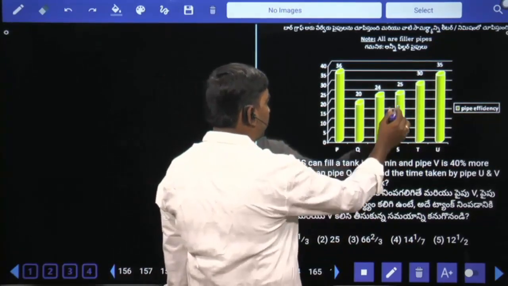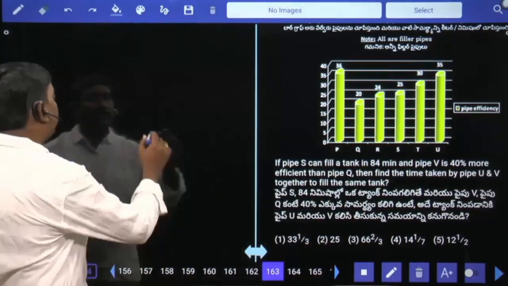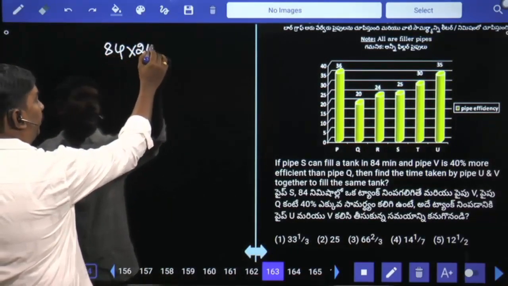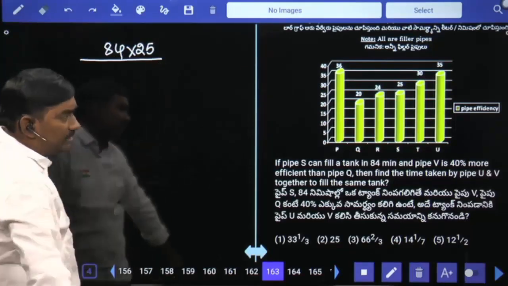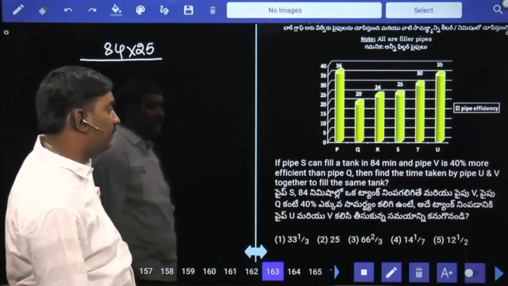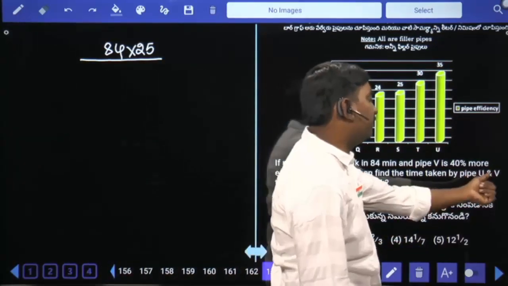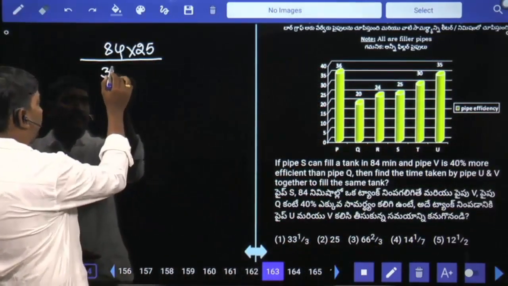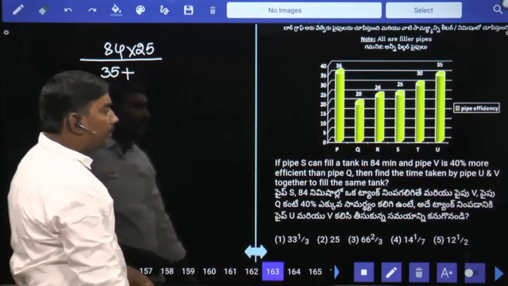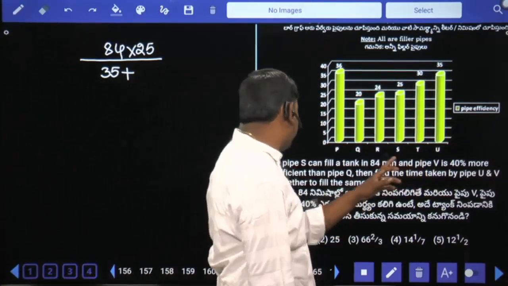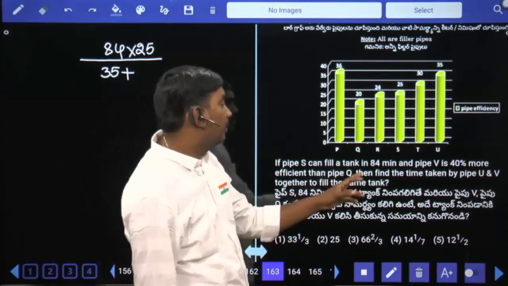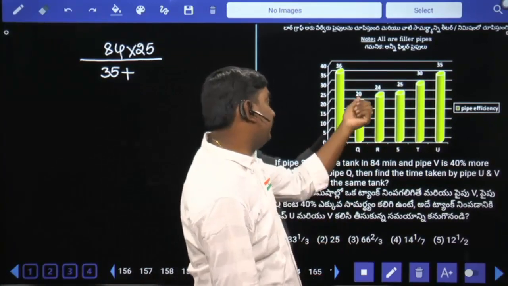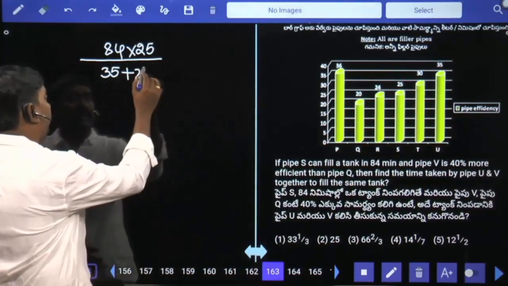In 1 minute, S can fill 25 liters. In 84 minutes, how many liters? 84 into 25, this is the total capacity of the tank. That capacity right now we need to fill with pipes U and V. U capacity is 35 liters in 1 minute, whereas V capacity is 40% more than Q. Q is 20 liters. 40% more means 8 liters extra, so total 28 liters.